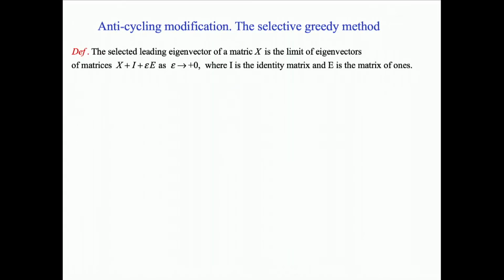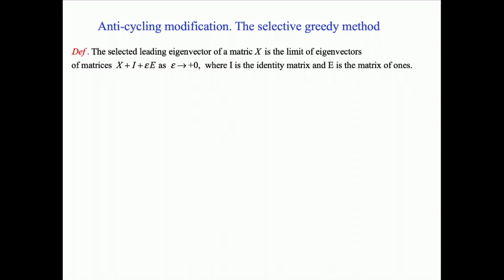What to do with the cycling? Cycling happens because of the non-uniqueness of the leading eigenvector. So the leading eigenvalue 1 can be multiple. Therefore, let us, in some sense, generalize the notion of the leading eigenvector. We add to the matrix A the matrix of ones.